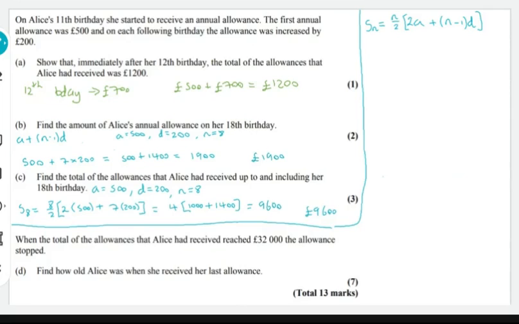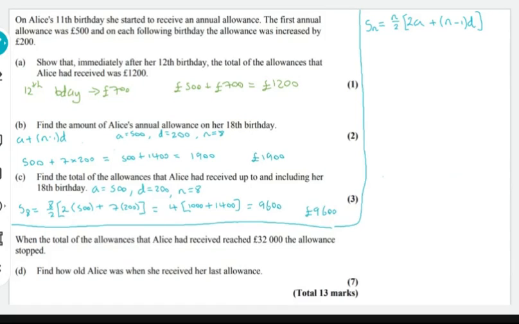Yeah, but if we rearrange it to find the last term, that would also give us what the number of terms is. But then, oh yeah, we don't know what n is. So we need to find out n first, because we've got everything else.